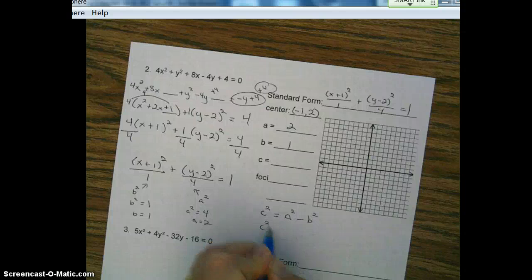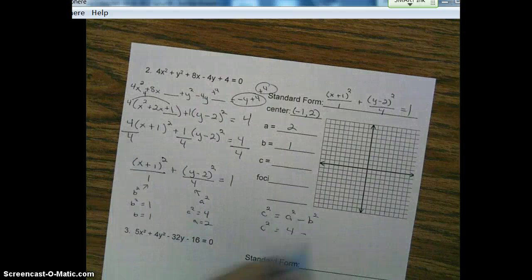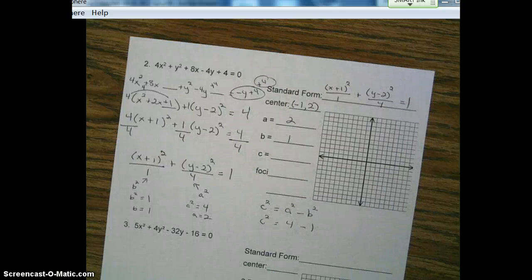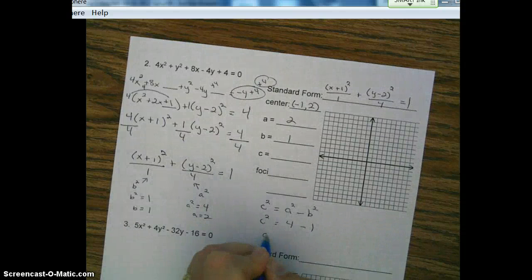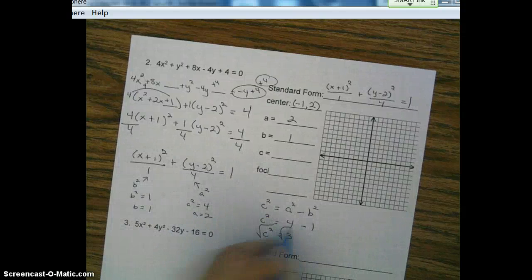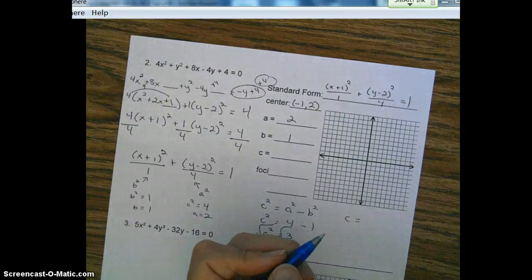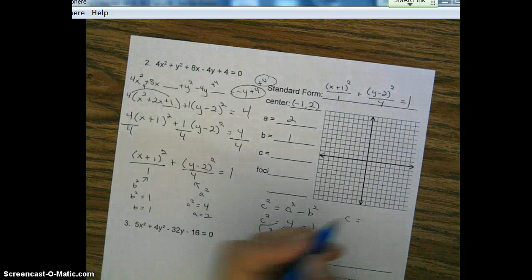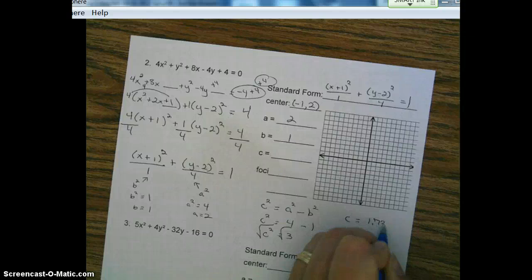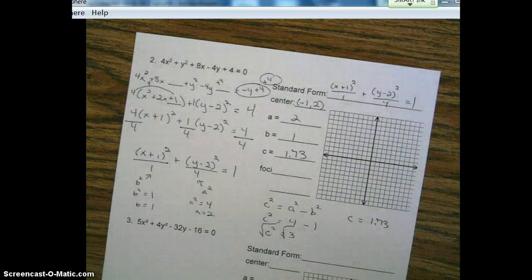So your big term is 4 minus your little term, 1. So we get C squared equals 3. Square root both sides. So C equals the square root of 3, which is approximately 1.73. Hopefully did that right.